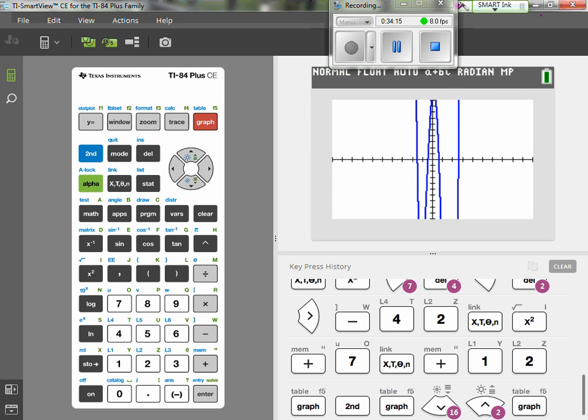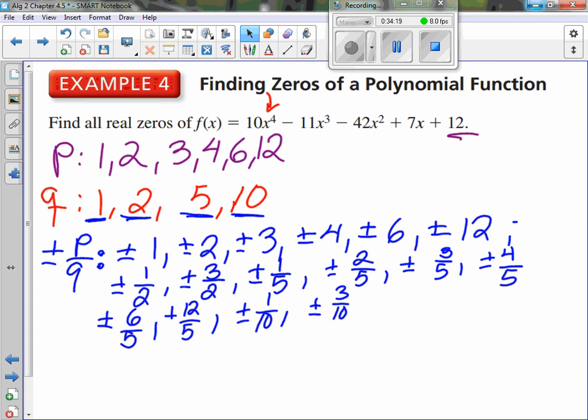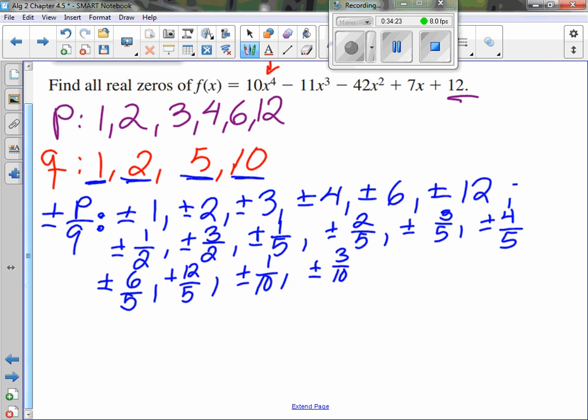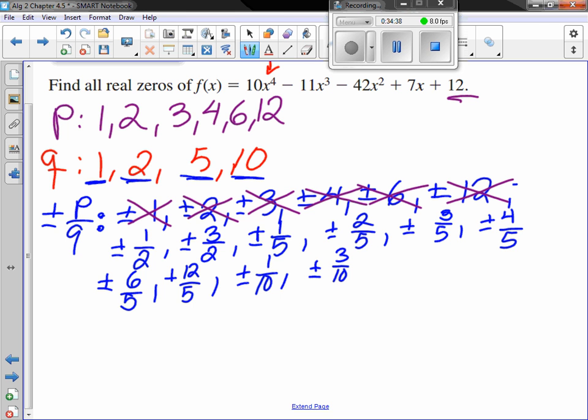Let me show you how this is helpful. So let's look back here. This here, y'all would agree with, is a lot of possible answers, yes? Did the graph show us a single time it crossed at a whole number? Now 12, I'm going to tell you, doesn't work.